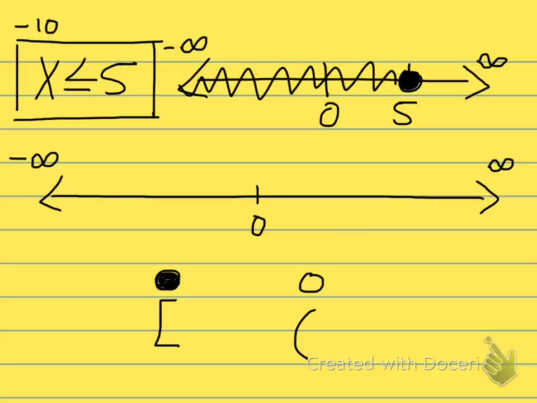Open interval is a parenthesis, closed interval is a bracket. So if our graph actually has a solid on the 5, then instead of using a solid, I would use a bracket. Now, because I am shading in this direction, I use the bracket, and I actually make the bracket go this way.